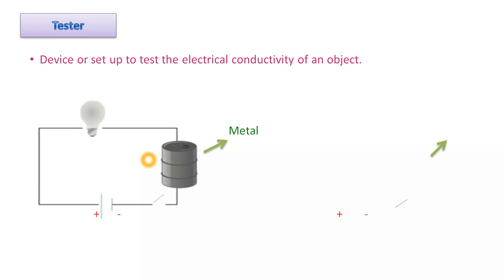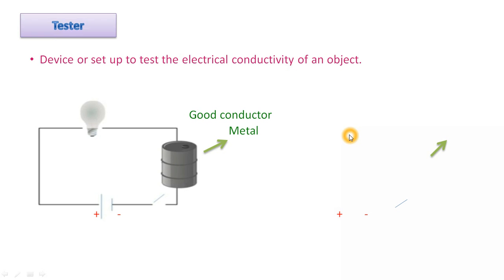When we switch it on, the circuit gets completed and a path is provided for the current to flow. Secondly, all these materials, the wires as well as the object, allow electric current to pass through them. That is also a reason that the bulb could glow. So this shows that this metallic object is a good conductor. So we can say that metal is a good conductor.